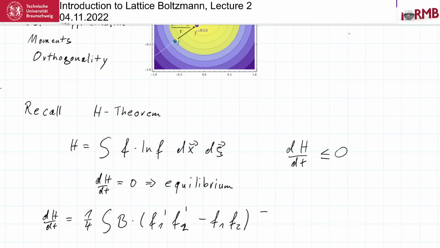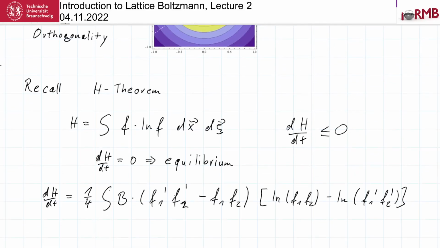These are binary collisions, times the ln of F1 F2 minus ln F1 dash F2 dash, and this all integrated over dc1, dc2, so the velocities of both particles over all directions and over the entire space.